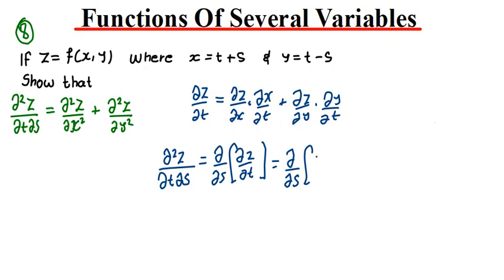This is partial of z with respect to x multiplied by partial of x with respect to t, plus partial of z with respect to y by partial of y with respect to t.